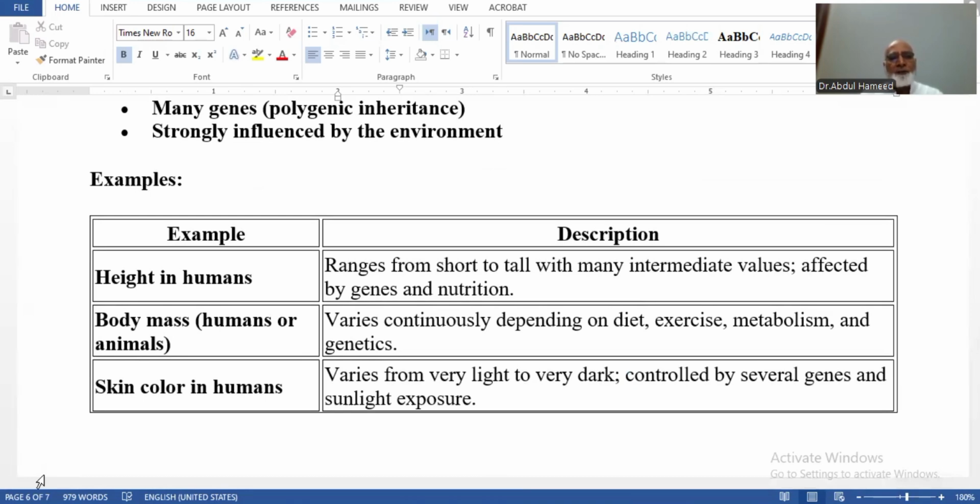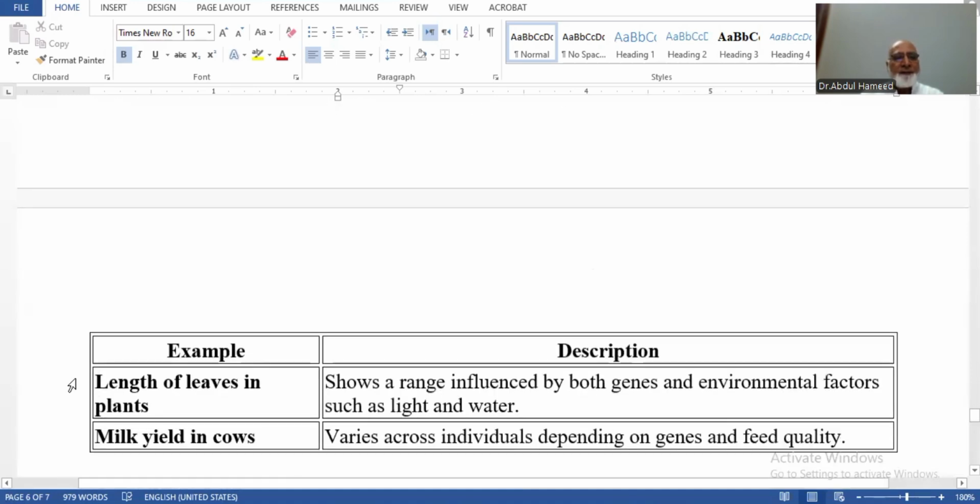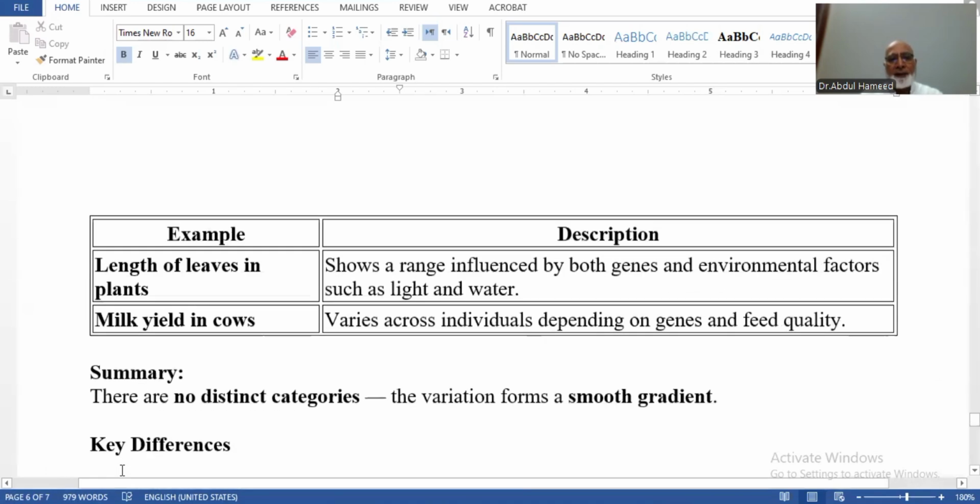Skin color in humans varies from very light to very dark, controlled by several genes and sunlight exposure. So these are the different parameters. Then the length of leaves in the same plant shows a range influenced by both genes and environmental factors such as light and water. And milk production in cows varies across individuals depending on genes and feed quality.